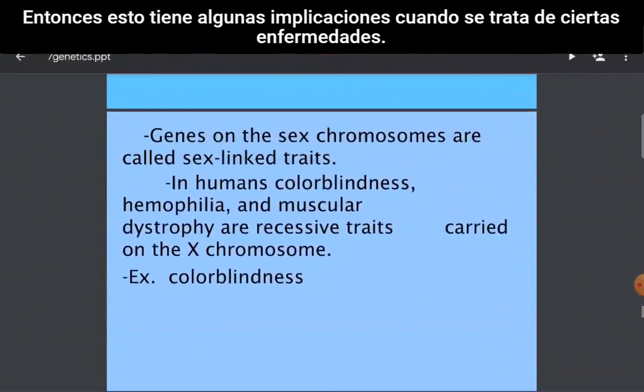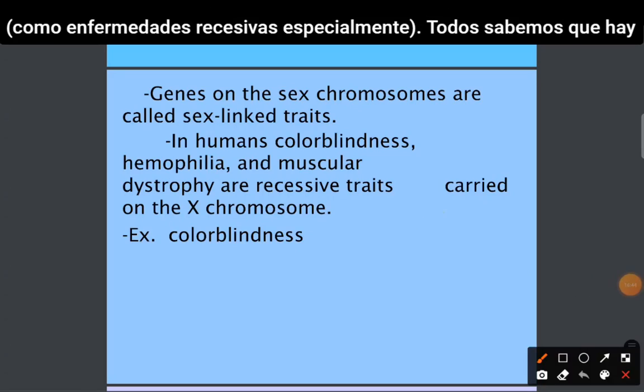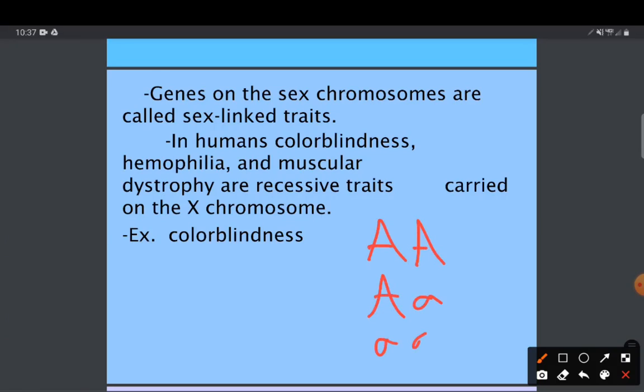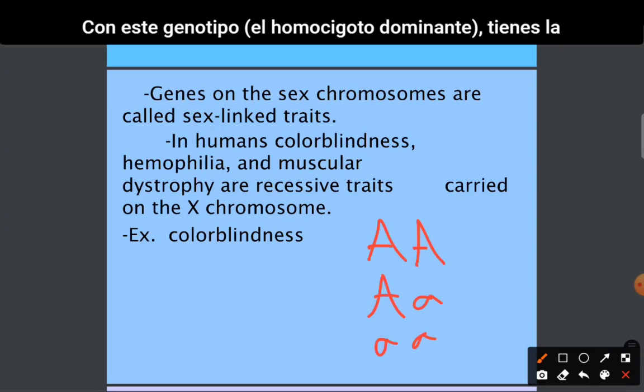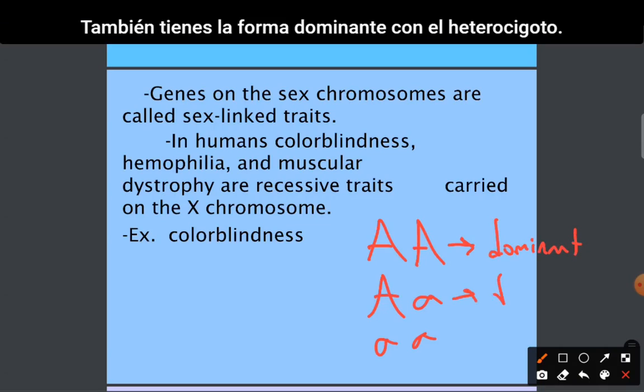So this has some implications when it comes to certain diseases, like recessive diseases especially. We all know that there are 3 types of genotypes. With the homozygous dominant genotype, you have the dominant form. You also have the dominant form with the heterozygote.